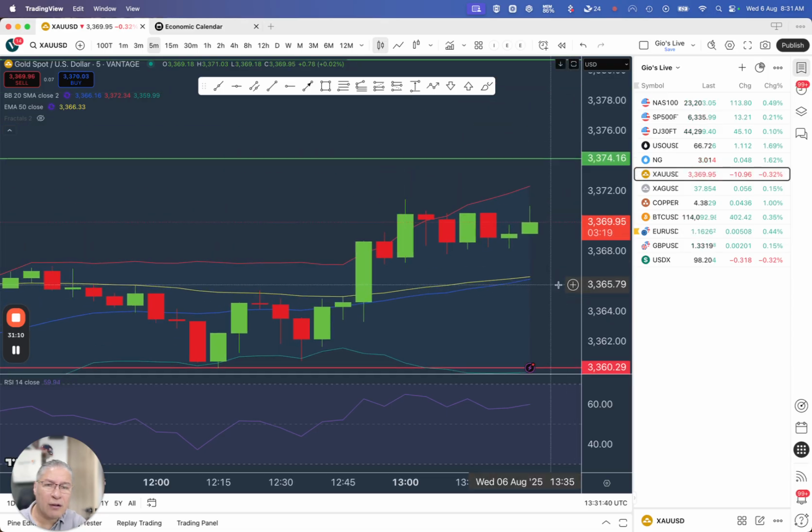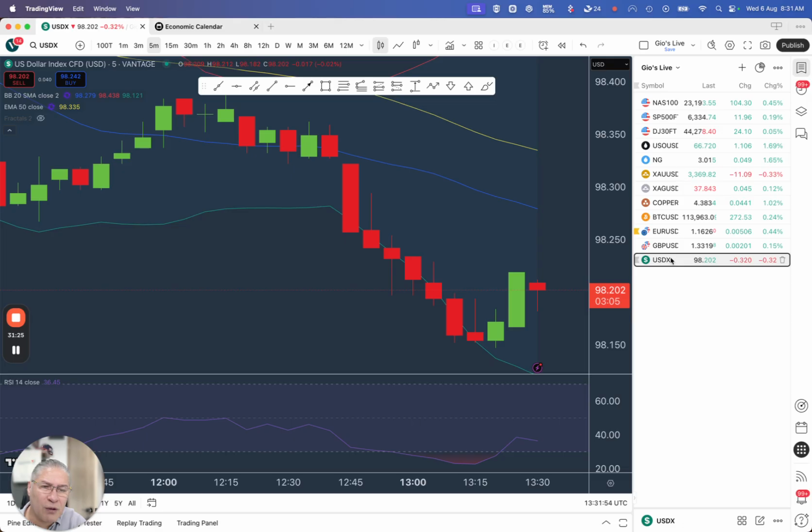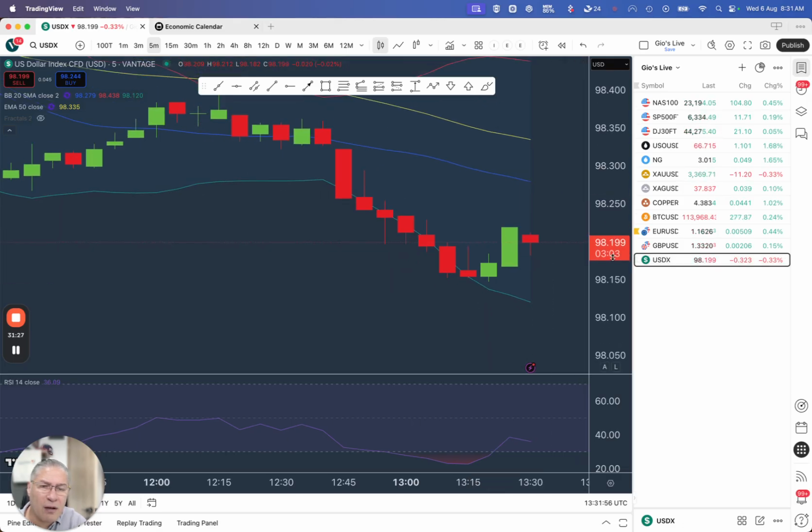Gold. Let's take a look at gold. So gold is looking to do a breakout out of this particular coffin of congestion. Will it break up to the upside? Well, if the dollar index does continue to drop, it might, but it looked like it caught a bid. So it made a bottom of 98.15, sorry. But this candle opened gap down, and it closed.